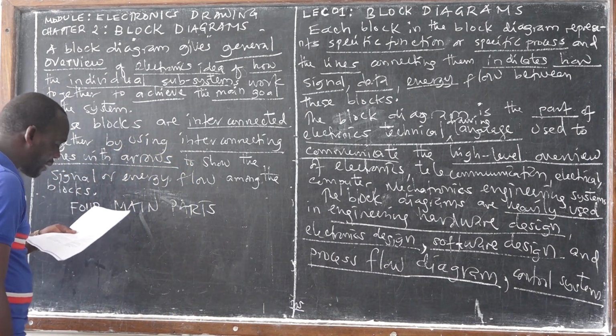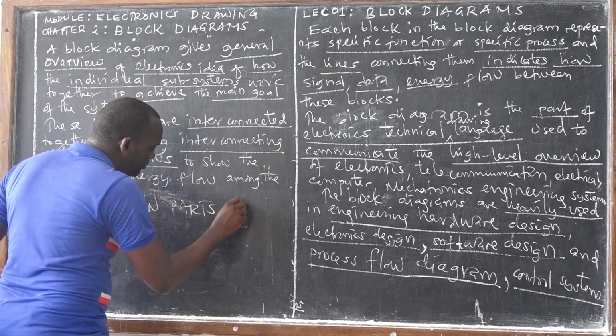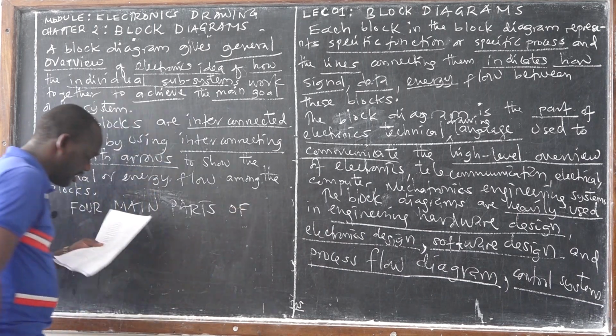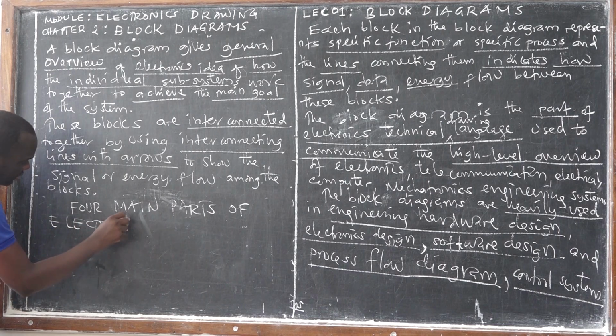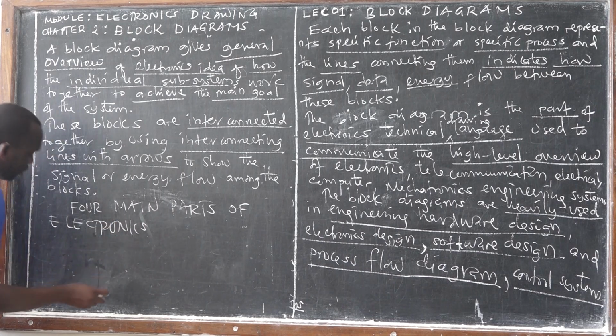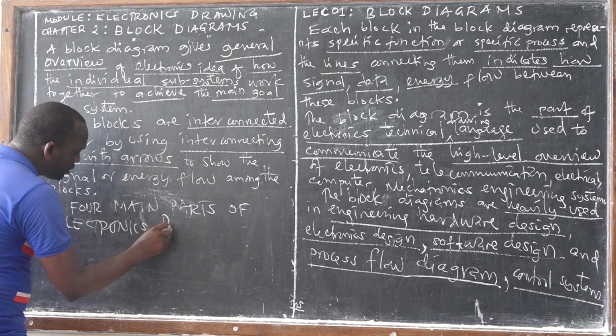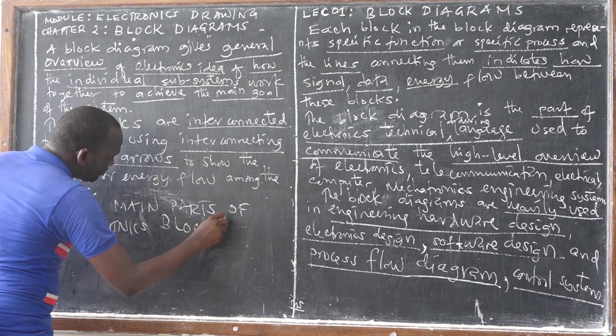So, four main parts. Say four main parts of electronics block diagram, because you can also have electrical block diagrams.